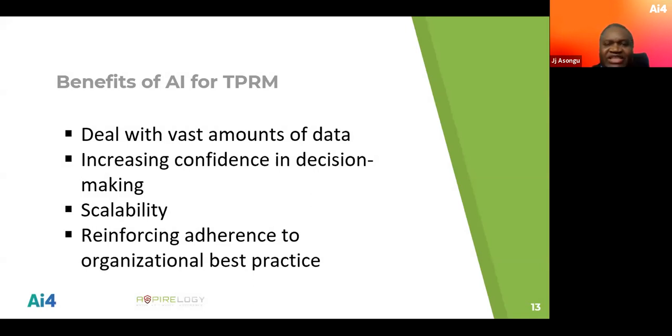Thanks to artificial intelligence, you can analyze large amounts of data in a very short time, something that would take much more resources and a longer time if you had to do it manually. It also increases confidence in the decision-making process. It allows scalability, and it could also help to reinforce adherence to organizational best practices.